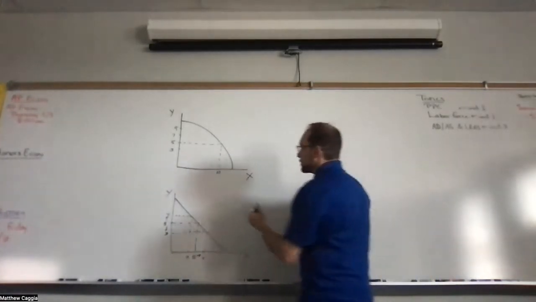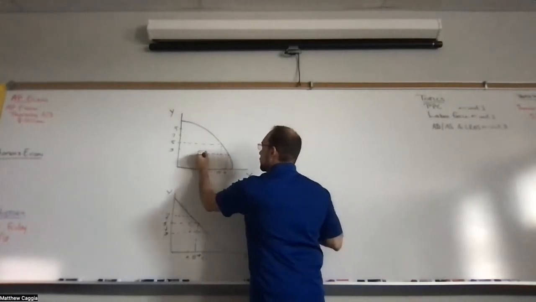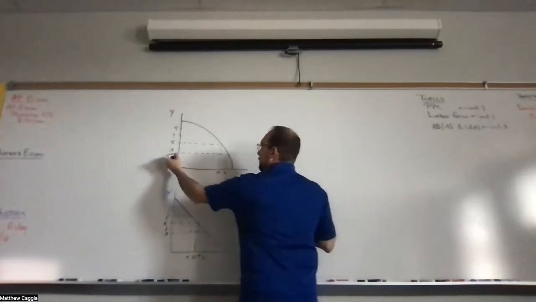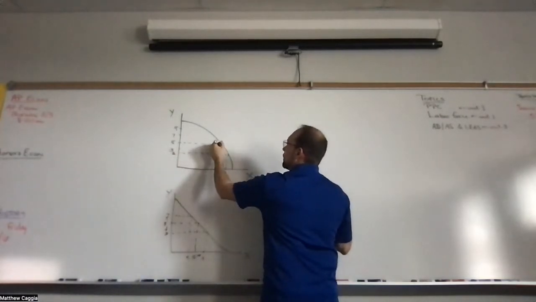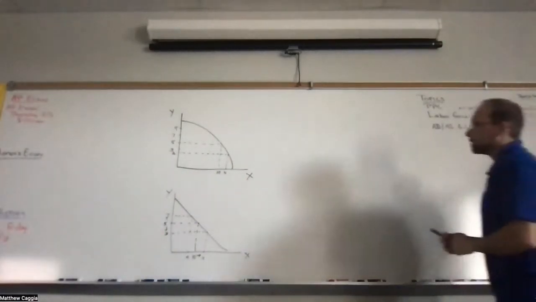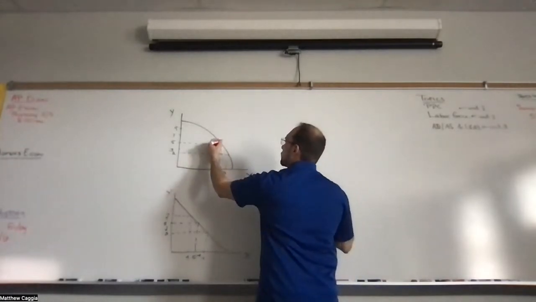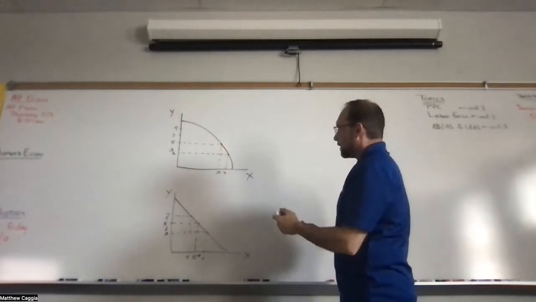If I want to produce 11 over here, I might have to give up even more, because the slope here, let me get a different color for this, the slope at this point, right between this point and this point, is a different slope than if we went in the other direction.